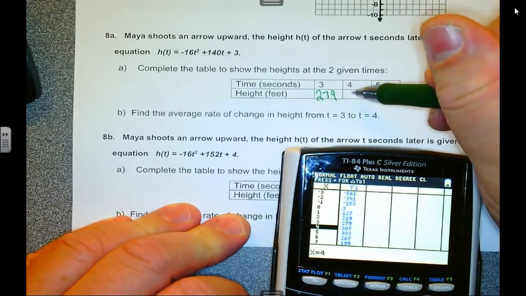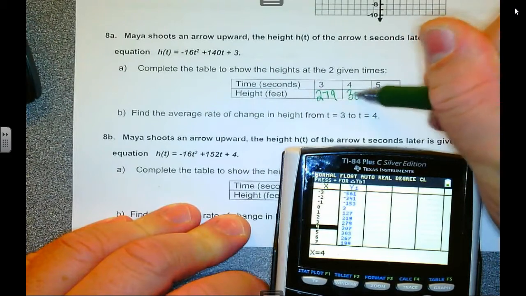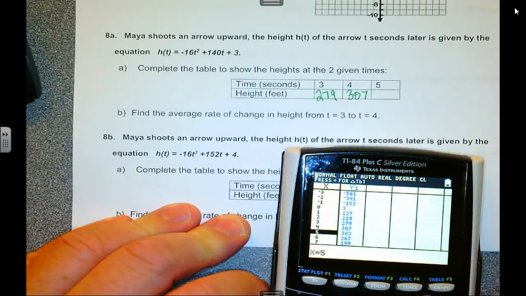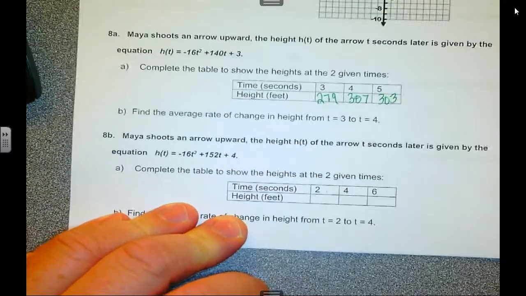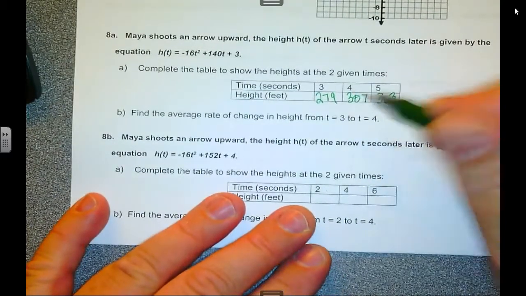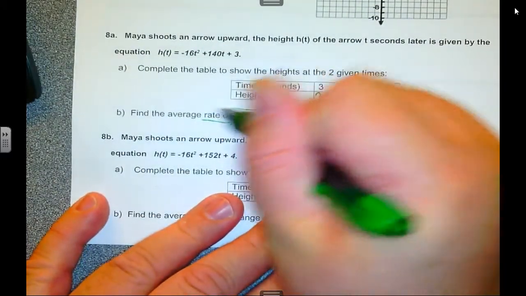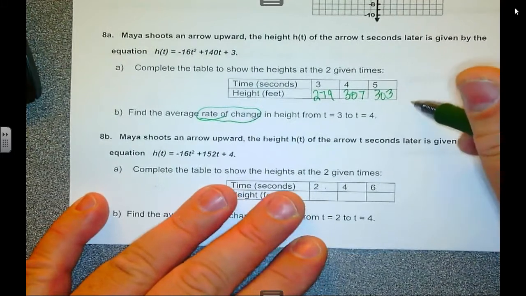t equals 4, I have 307. 5, 303. Okay. Now, your rate of change is nothing more than slope.